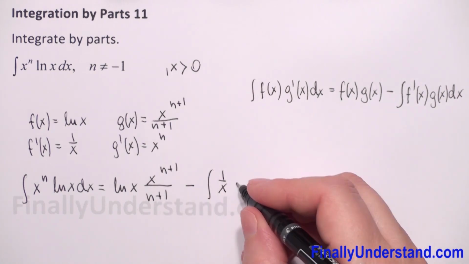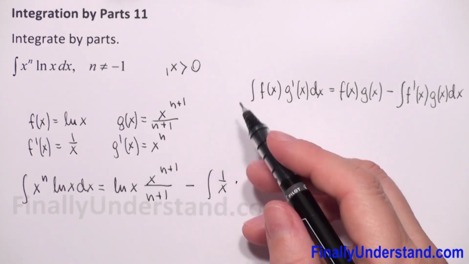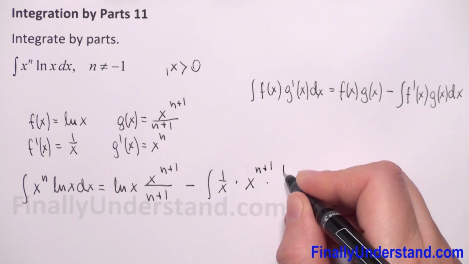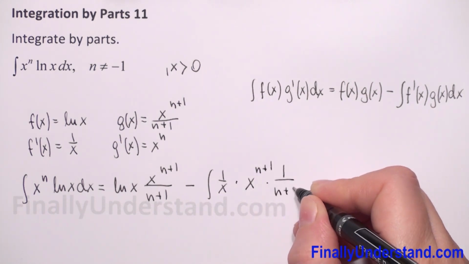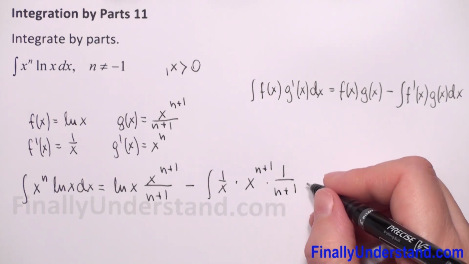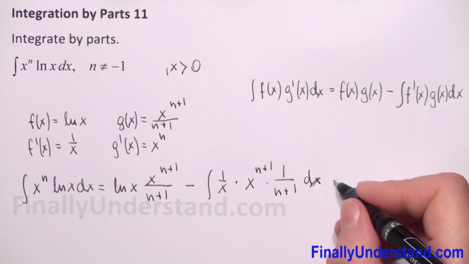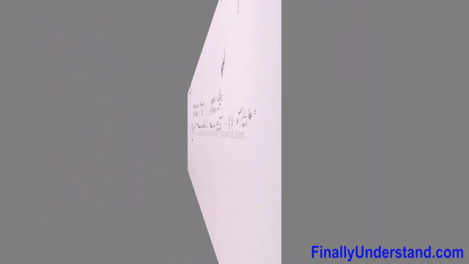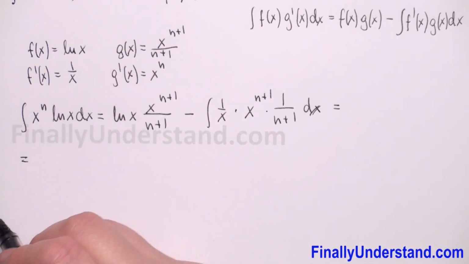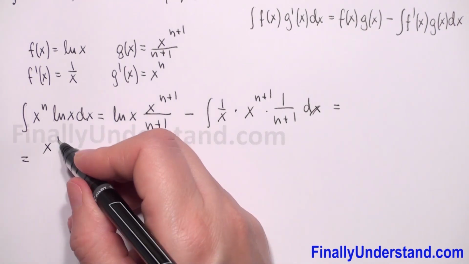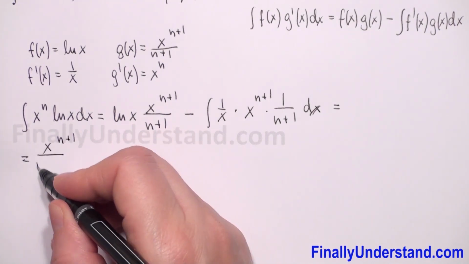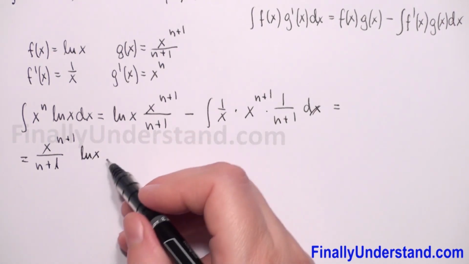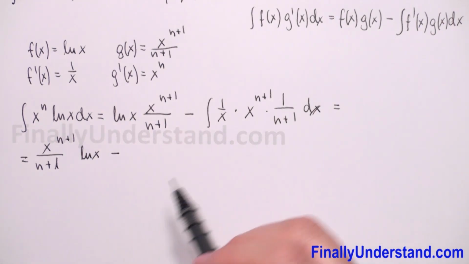times g, we can write that this is x to power n plus 1 times 1 over n plus 1. n plus 1 is constant with respect to x. So this is equal, I will put first x to power n plus 1 over n plus 1 times natural logarithm of x, and we have negative sign.